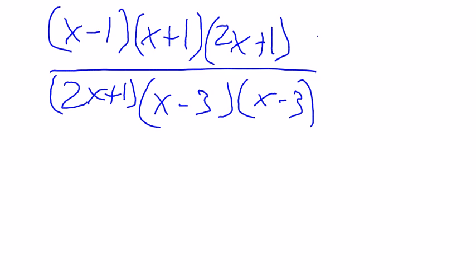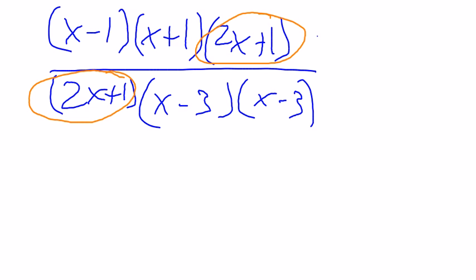Now we just need to look at what we have here to figure out where we have our holes, asymptotes, and zeros. I look at holes first, because if there's a hole in our graph, we don't want to mistake it for an asymptote or a zero. So that's a good place to start. To identify your holes, all you have to do is see where you have the same term in the numerator and the denominator. If we look at that part, 2x plus 1 in the numerator and the denominator, that is going to be a hole.